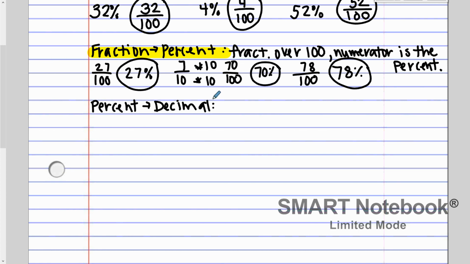The way that we do this is we move the decimal twice to the left. And remember, left is going this way. So if you want to draw a little arrow reminder, that will help you out. Again, if you have a highlighter, let's highlight that category.